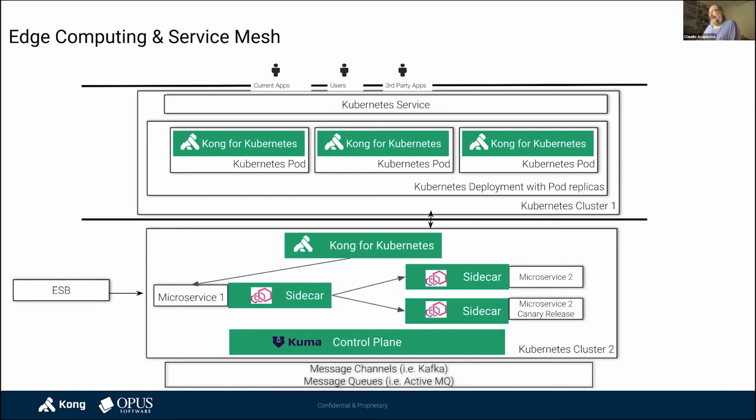I would say 9 out of 10 service mesh implementations in the marketplace use the Envoy sidecar to implement the data plane layer. One of the main reasons is that the Envoy implementation is very, very light. So in terms of resource consumption, very, very little.